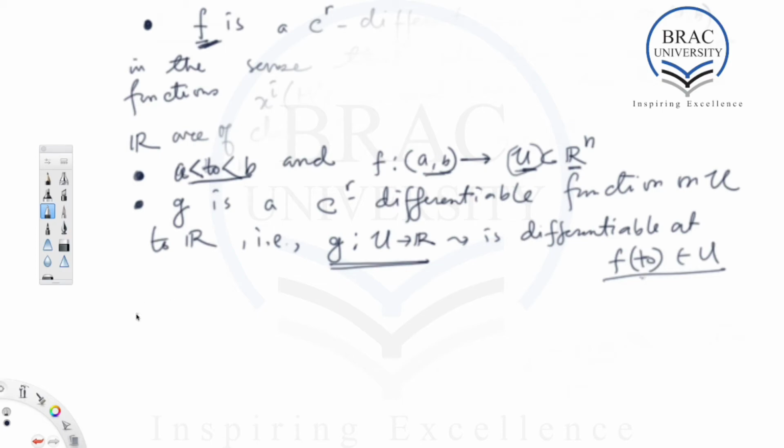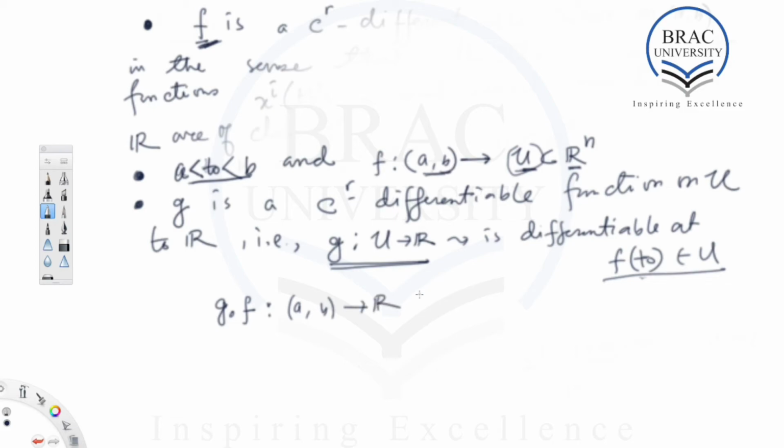So now, what is this composed function? G composed with f. f is a function from AB to U, and G is a function from U to R. So G composed with f is a function from AB to R, right?